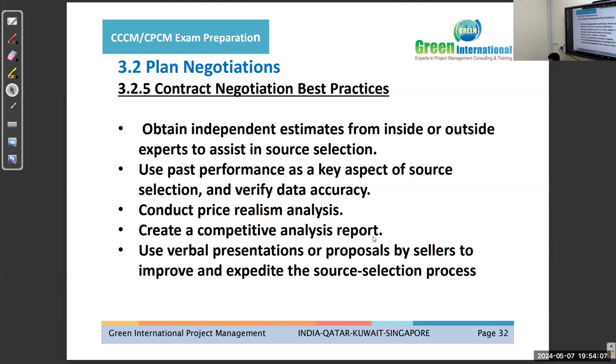You might ask for some mentorship, some advice. Use past performance as a key aspect of source selection and verify data accuracy. Conduct price realism analysis. Create a competitive analysis report. Use verbal presentation or proposal by the seller to improve the source selection process.